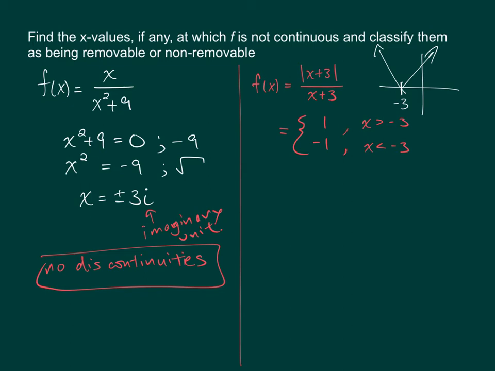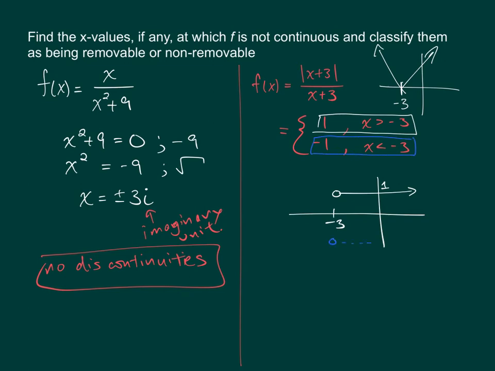From here, you can clearly see that when x is -3 or greater, we have this function at a height of 1. This is -3. So that is the top portion, I'll box it in white. And the bottom portion, which I will box in blue, says that the graph is -1, all the way to -infinity.